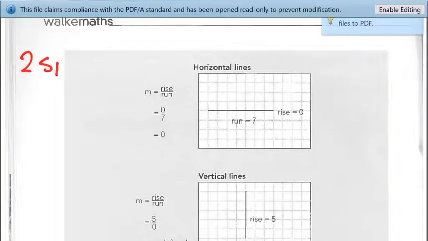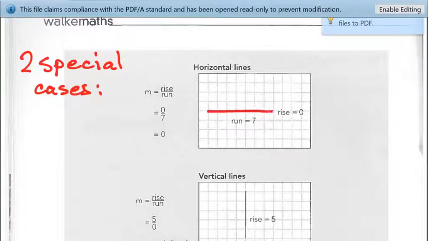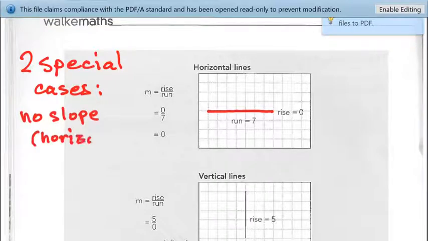There are two special cases, and I already mentioned one of them. Notice this line. Does it go up or down any? No. Okay. So if there's no slope, in other words, a horizontal line, can you give me an example of a horizontal line using what we learned yesterday? Well, think about it. One of the axes is horizontal, isn't it? The x-axis, right?